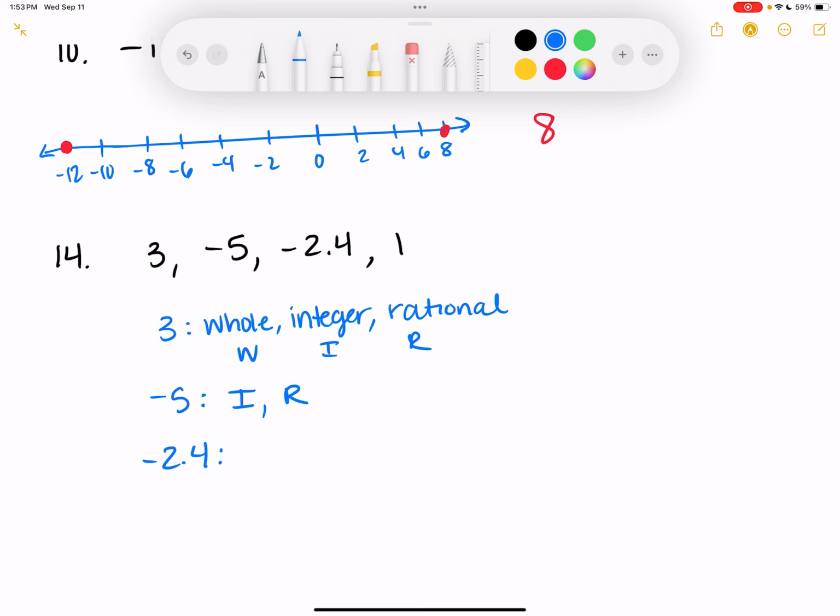Yep, just rational. And 1? All of them. Yep, whole, integer, and rational. So now I need to put these in numerical order. What order do they go in? It'd be -5, -2.4, 1, and 3. I knew that.